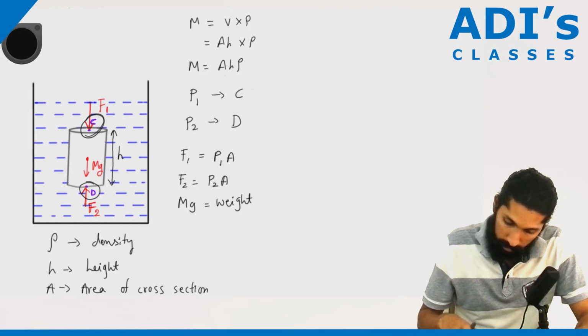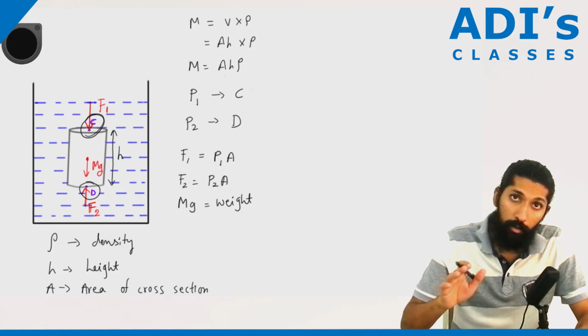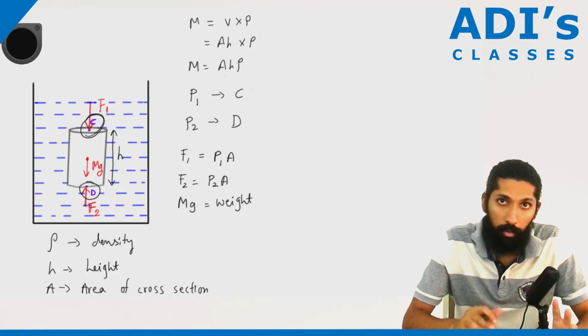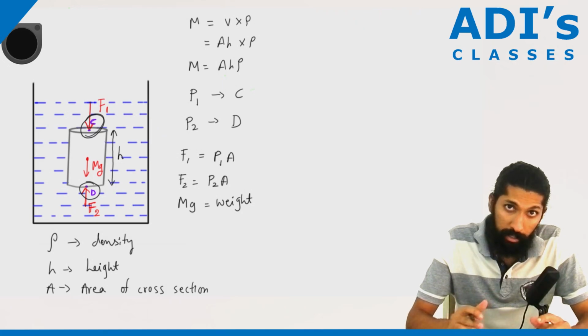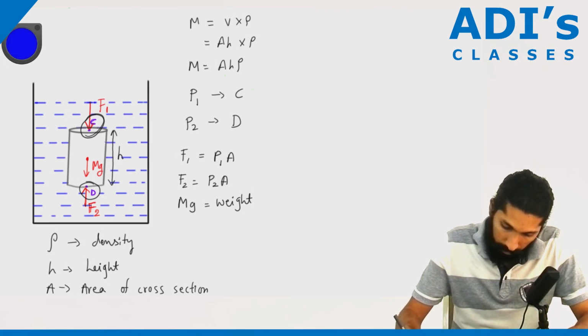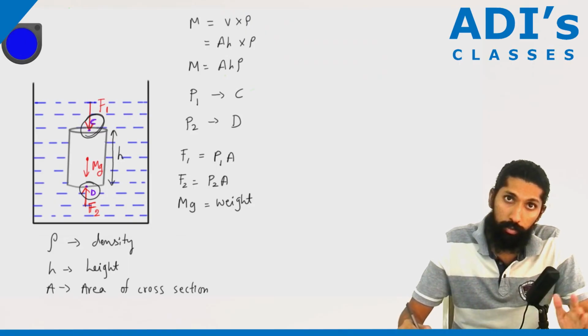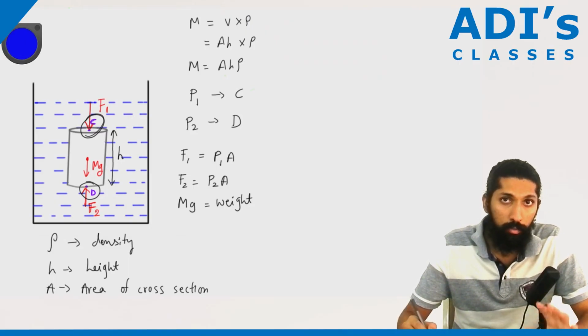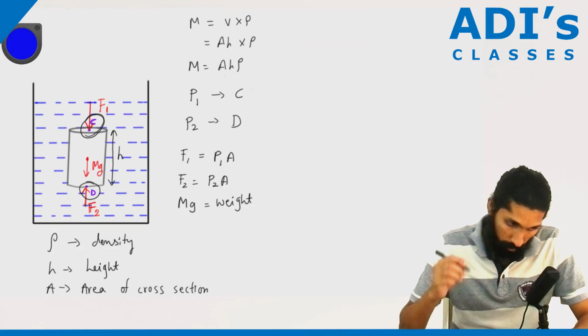Now, since the body is in equilibrium, we have to consider the total force acting on the body, the net force acting on the body. Now look at the particular diagram. You can figure out which two add up, and that sum is equal to what? Correct? Now look at this one.